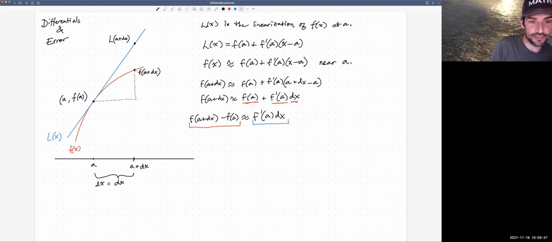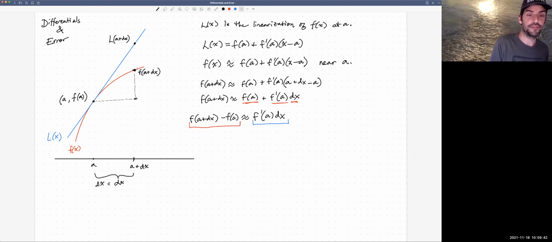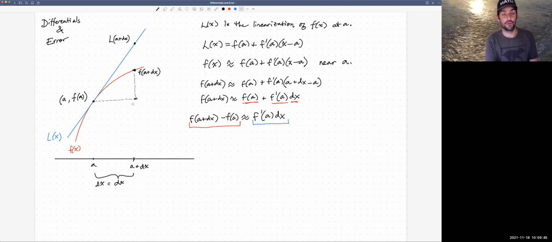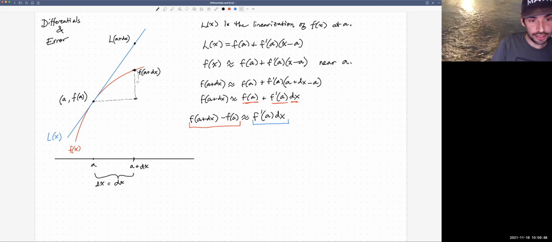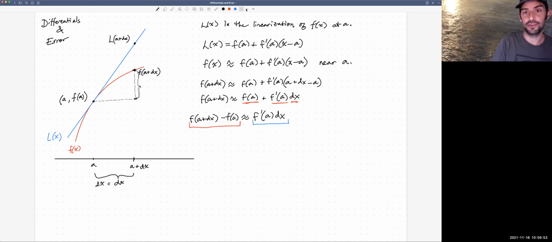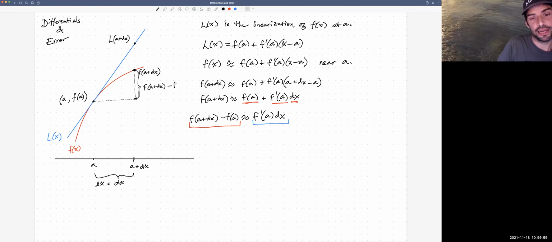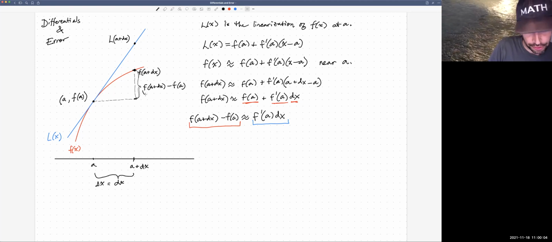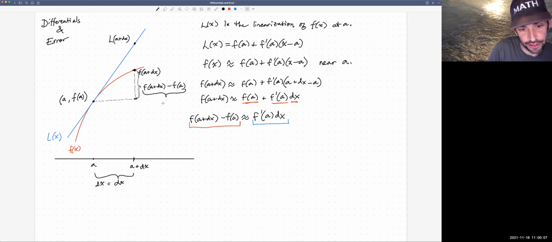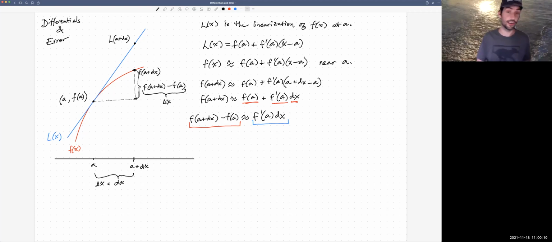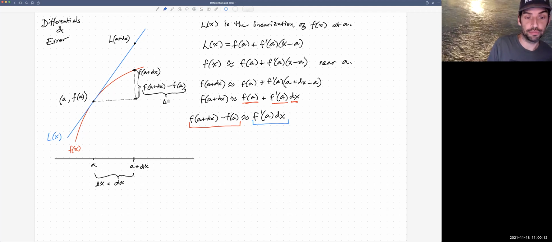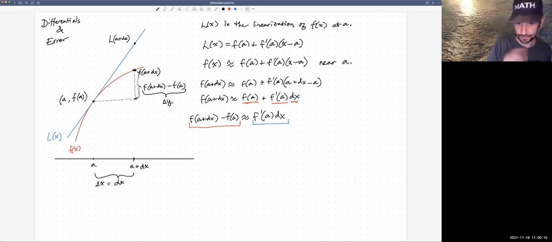So this horizontal distance from that point on the graph above a plus dx down to this horizontal line that's at the same height of f of a, this whole distance right here, this is precisely f of a plus dx minus f of a, right? This is something we've used before. We're going to call this delta y. It's our change in output.